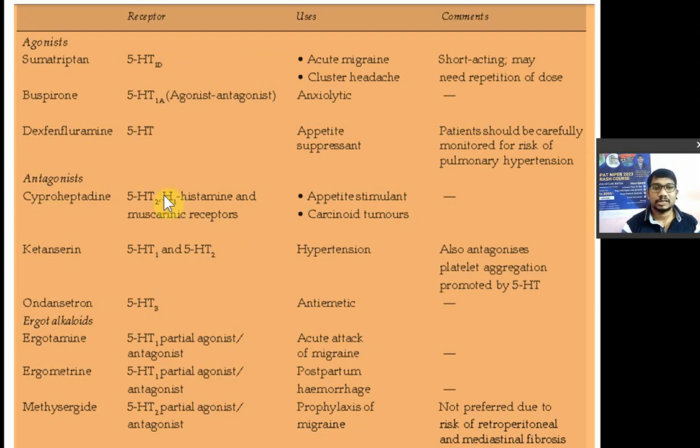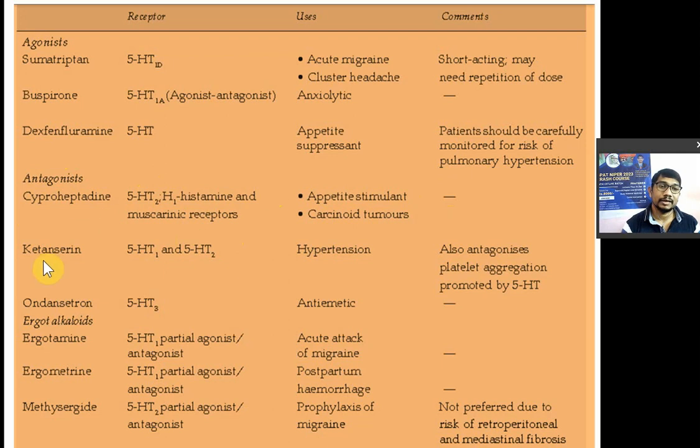It blocks histamine, serotonin and muscarinic receptors. It is used as an appetite stimulant, an appetizer. It will increase your appetite; dexfenfluramine reduces appetite, while cyproheptadine increases it. It is also used in the treatment of carcinoid tumor.